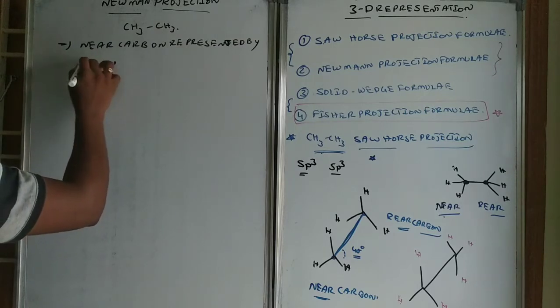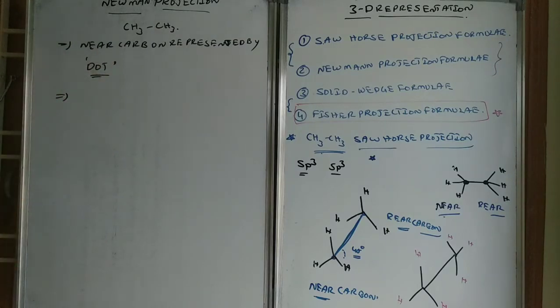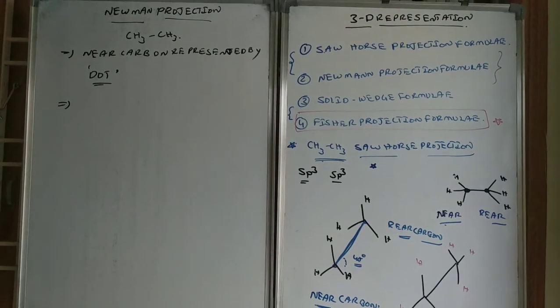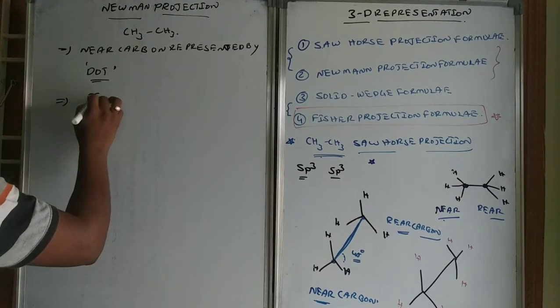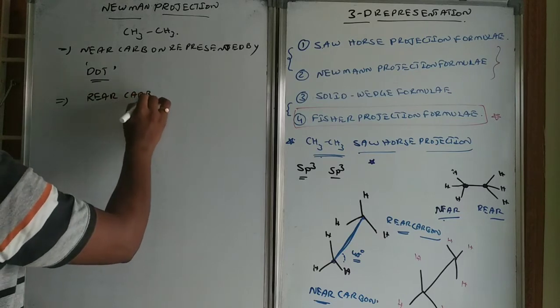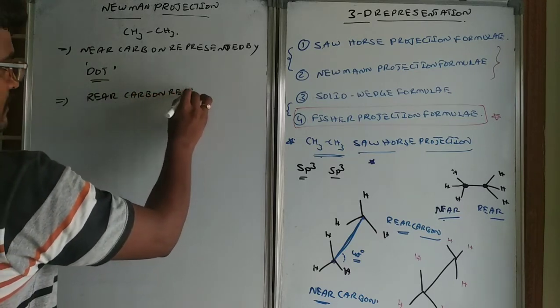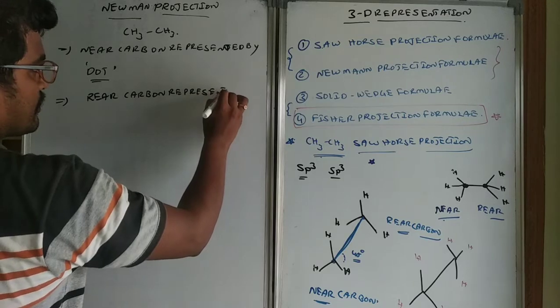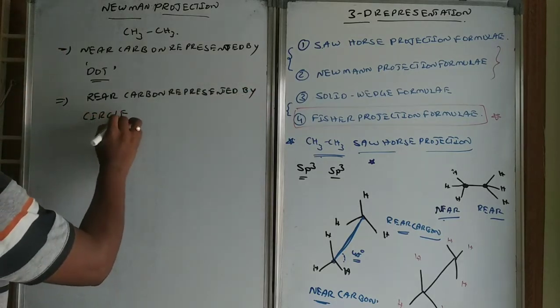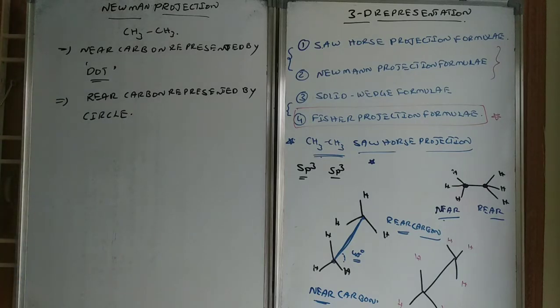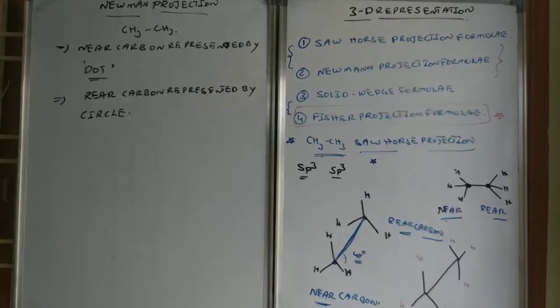Near carbon is represented by a dot and rear carbon is represented by a circle.